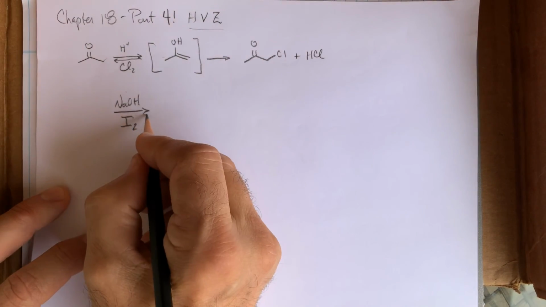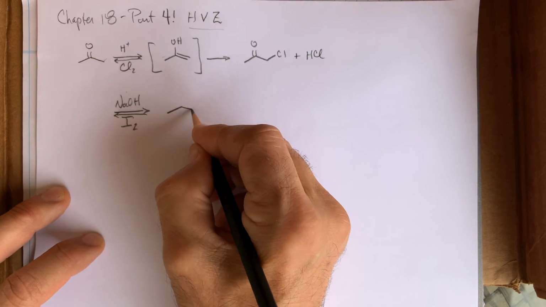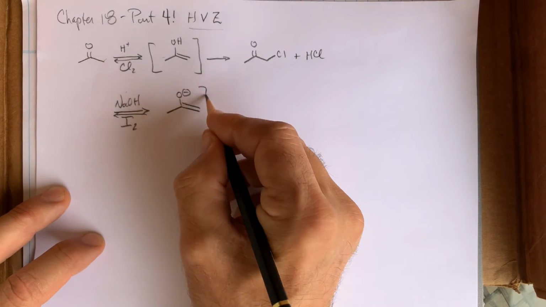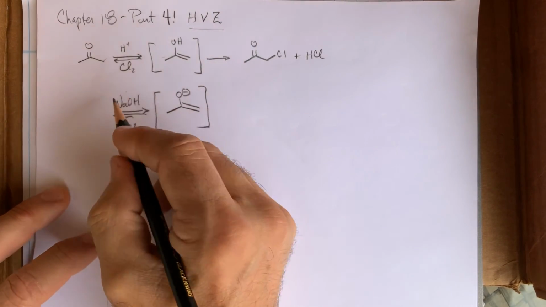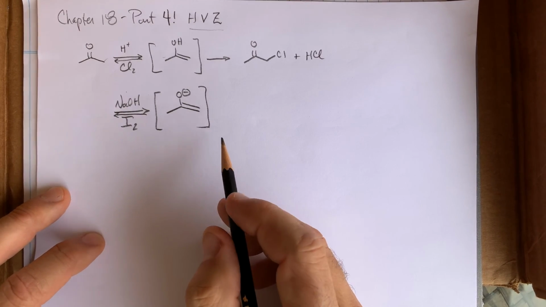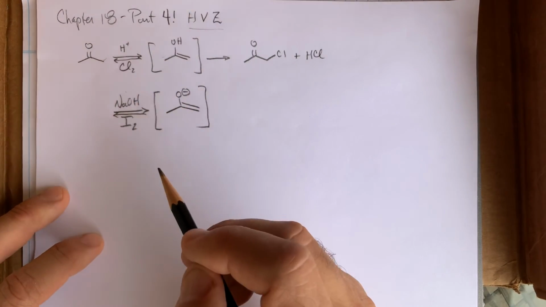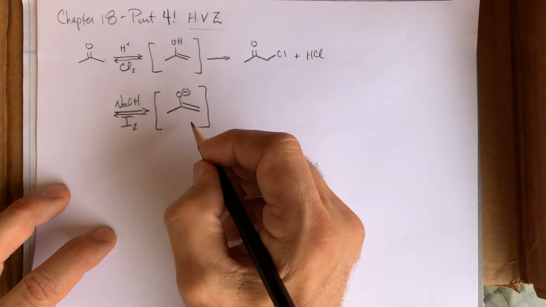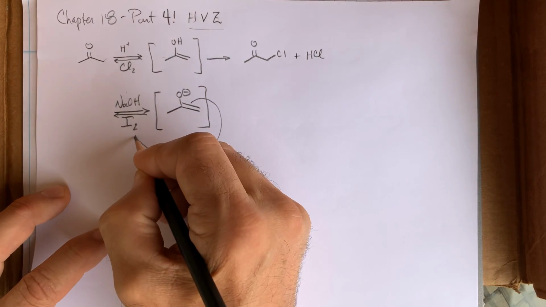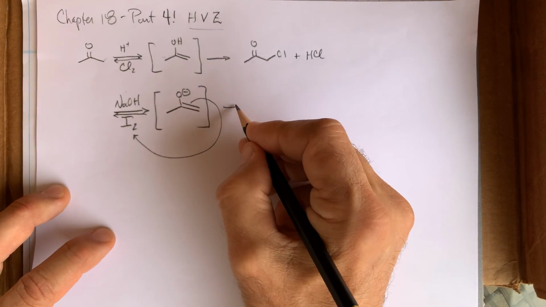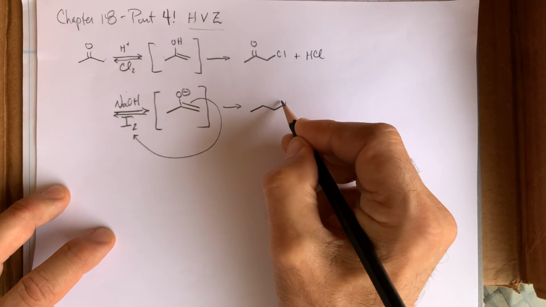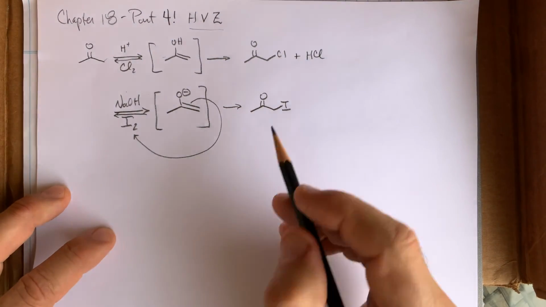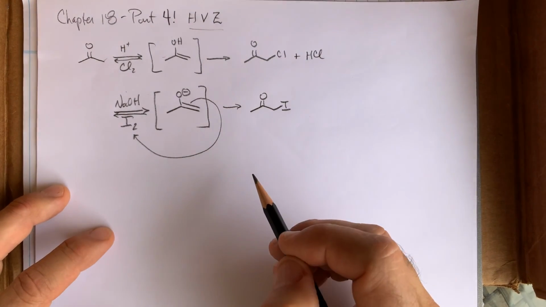You will set up an equilibrium again, and I'm going to draw this as the enolate, because we're using basic conditions. Even that will be protonated in the water, because you always have water around sodium hydroxide, and then that will attack the iodine, and you get the alpha iodo ketone, which is super reactive as an electrophile.